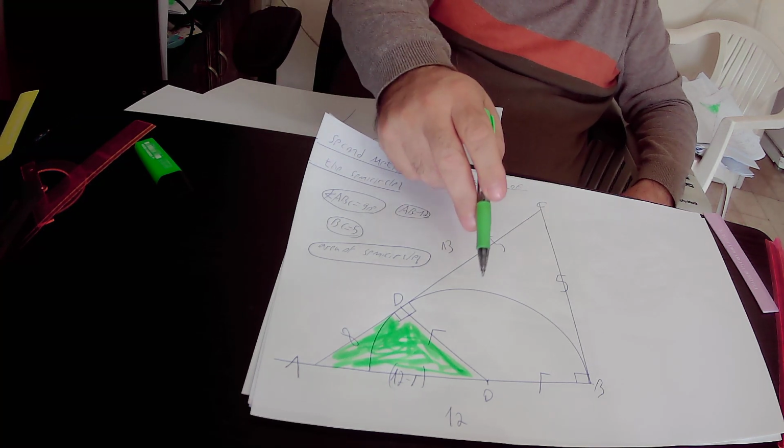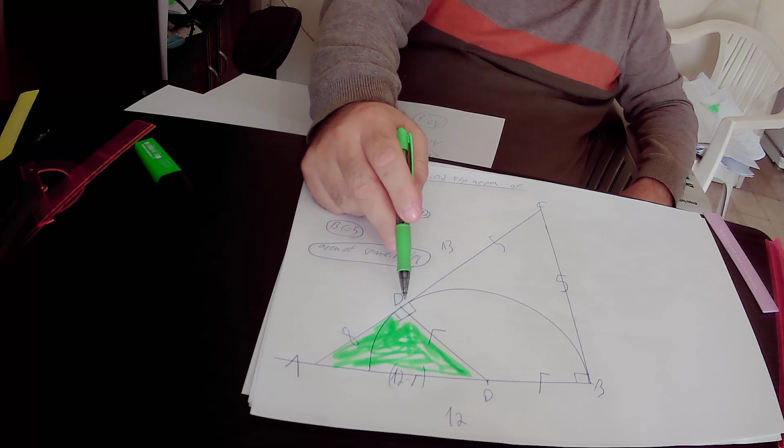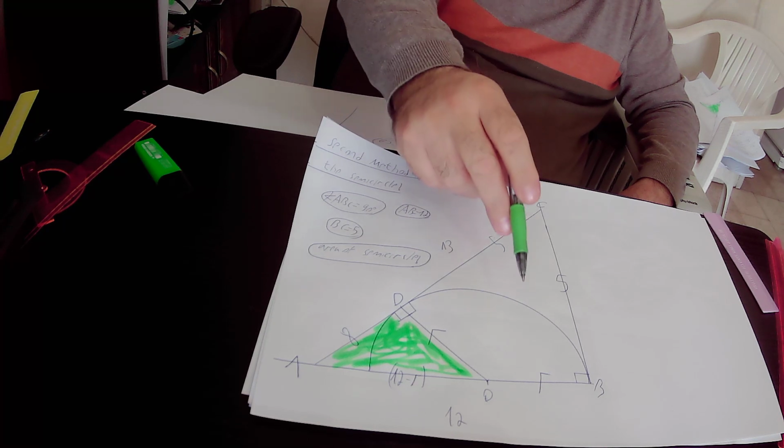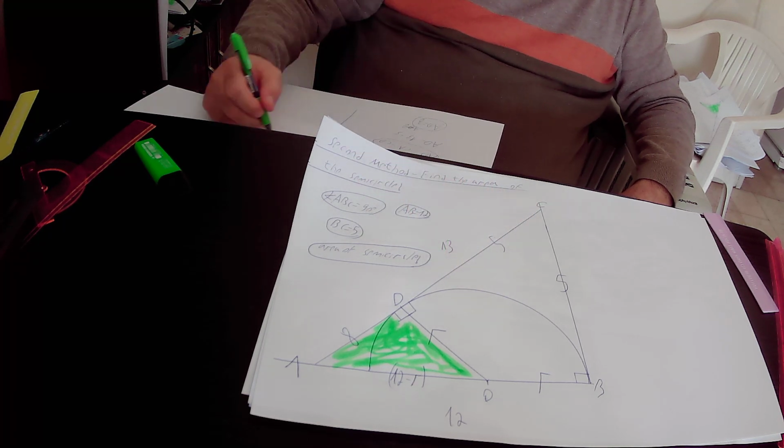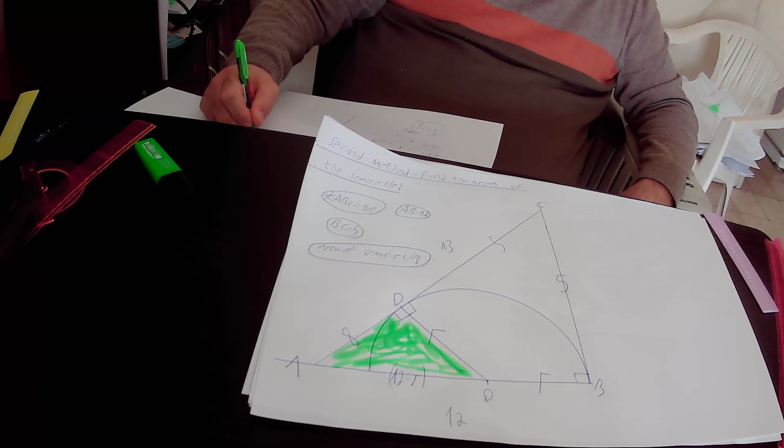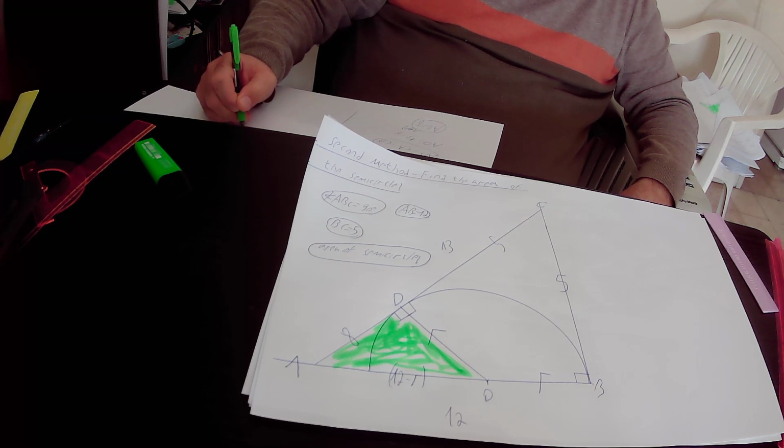The hypotenuse is AO because it is in front of the right angle, so the square of the hypotenuse is AO square, and it equals the sum of the squares of the perpendiculars.